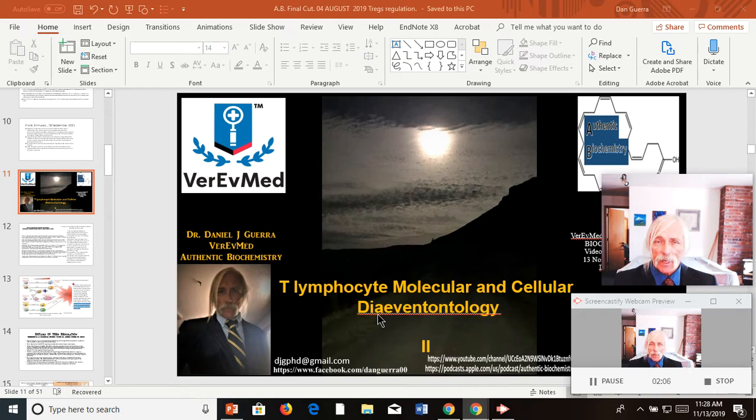And that axis, again, has to do with epigenetics and has to do with a neurological response that is formulated and expressed and organized around what used to be called the classical immune system, both innate and acquired immunity. That's why I'm using T lymphocyte biology today to explore the Diaevenontology.